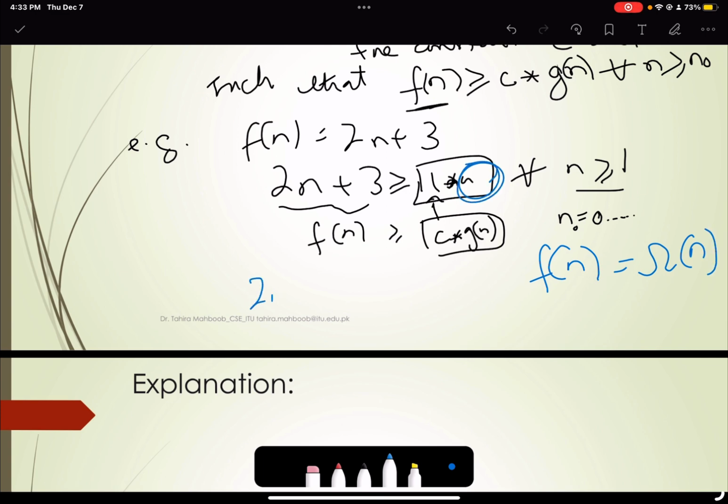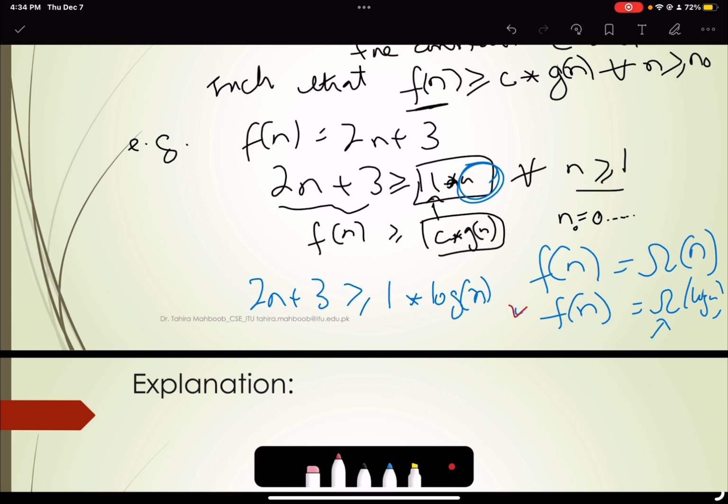So can we write 2n plus 3 is greater than 1 into log of n, right? For all n greater than 1, yes. So we can say it is omega of log of n. So this is also true.